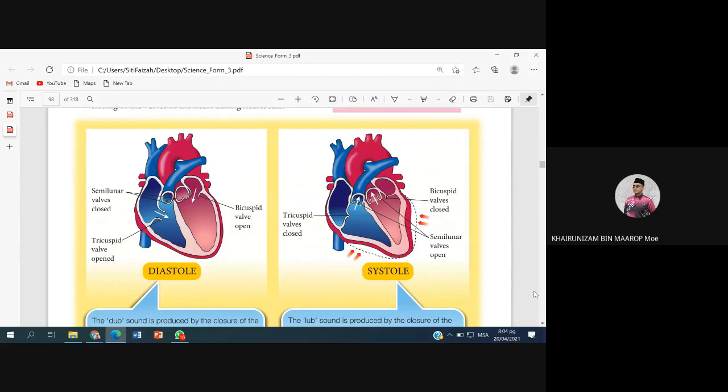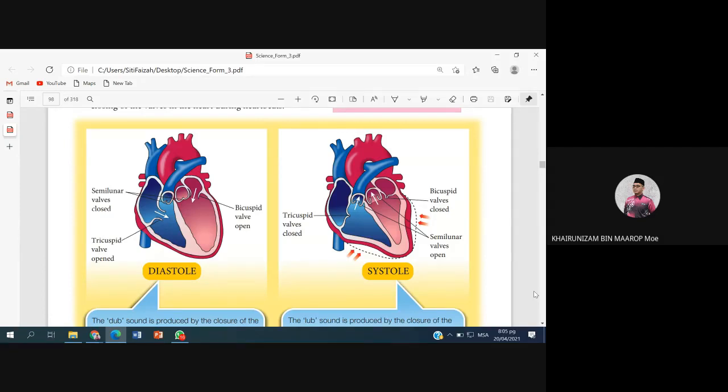So normal blood pressure for a human is 120 over 80 millimeters of mercury. 120 is the systolic reading, which is the pressure imposed by the blood against the arterial wall during the heart contraction. And then the 80 is the diastolic blood pressure, when the heart is resting.